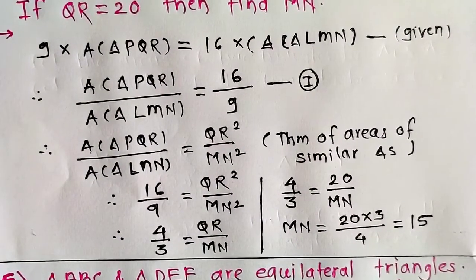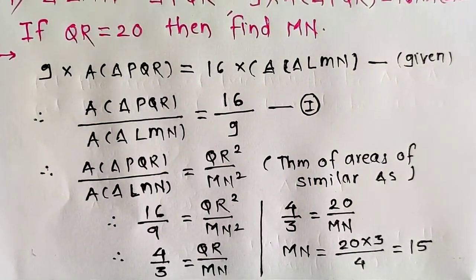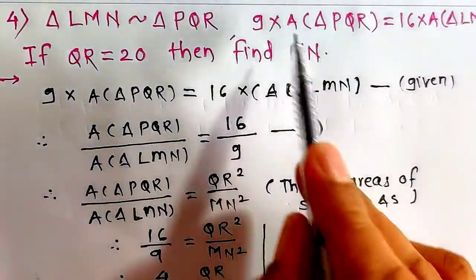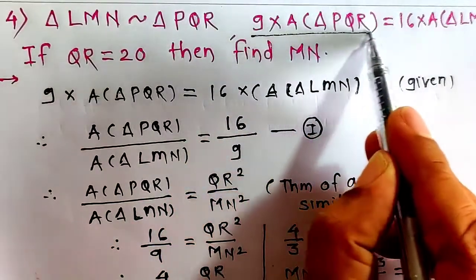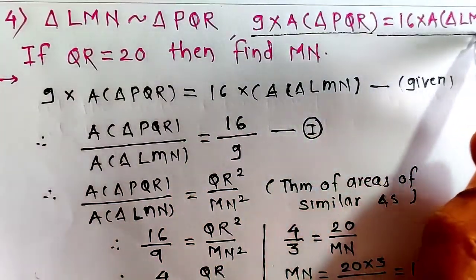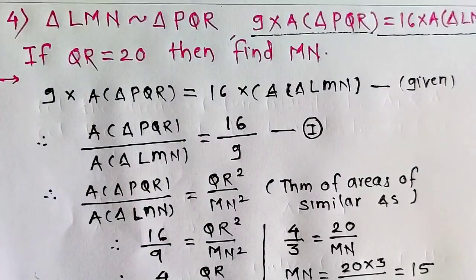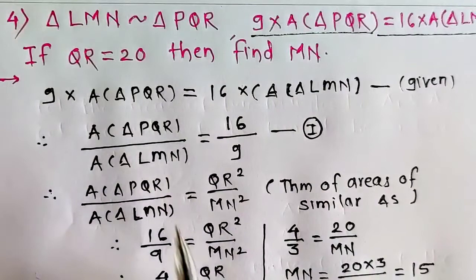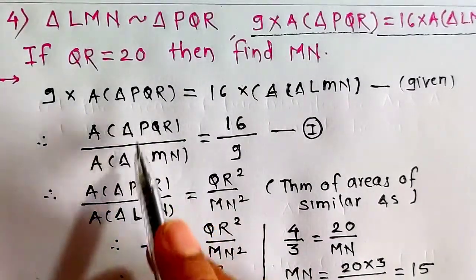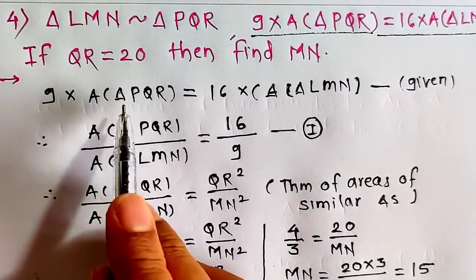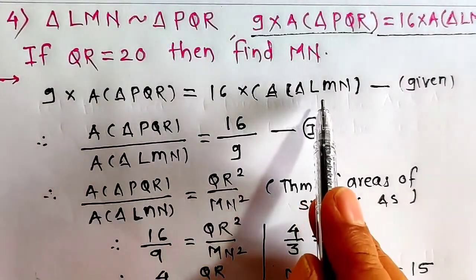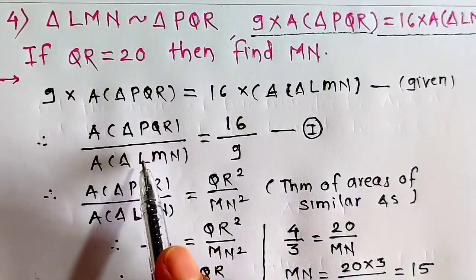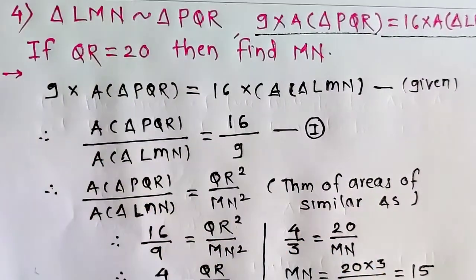So in this way we can solve that fourth sum, in which triangle LMN and PQR are similar, given, and the relation between their areas is given. 9 into area of triangle PQR is equal to 16 into area of triangle LMN. Using this relation, by simplifying the terms, find the ratio of their areas. So area of triangle PQR divided by LMN is equal to 16 divided by 9.